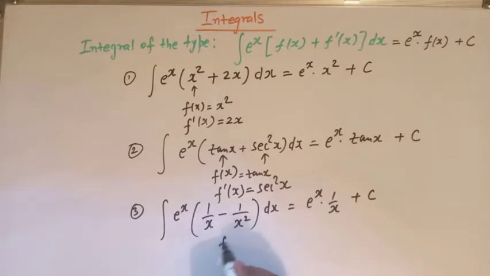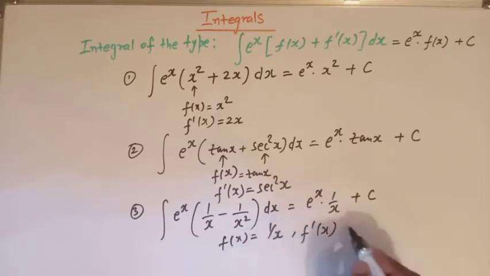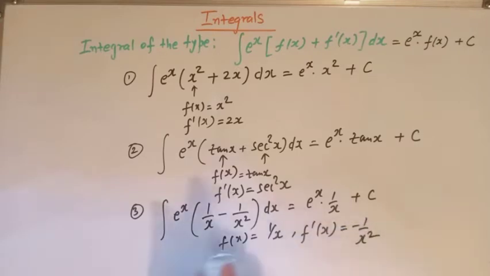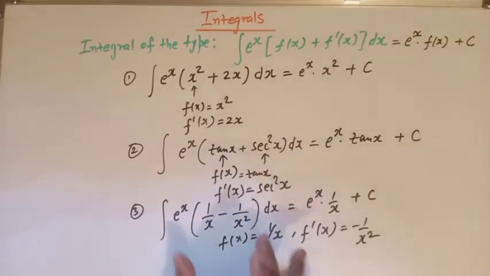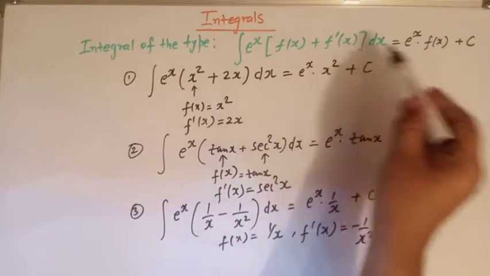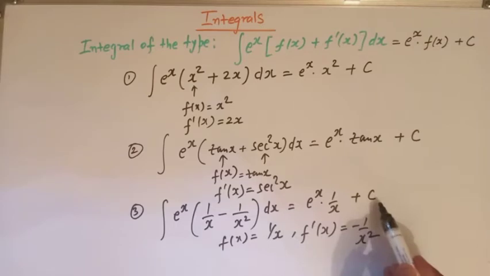Because if we take f of x as 1 over x, then the derivative of 1 over x is minus 1 over x square. So this integral is of this form, therefore its solution is e raised to x times 1 over x plus c. Clear?